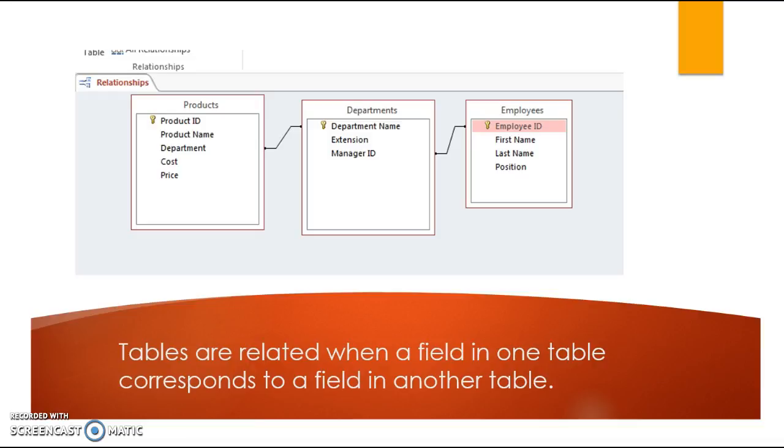So the names of the fields don't have to be the same to form these relationships, but they will have common information in them, or it wouldn't really make any sense.